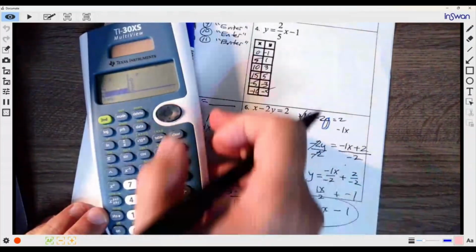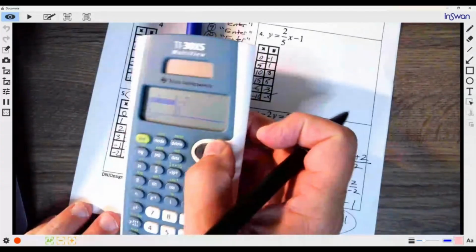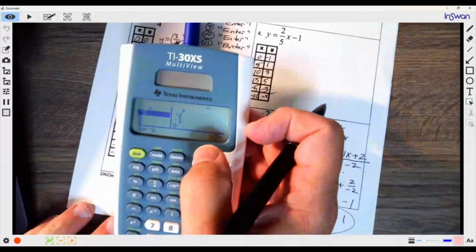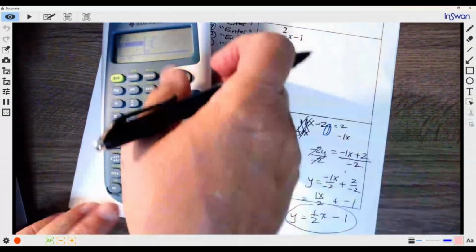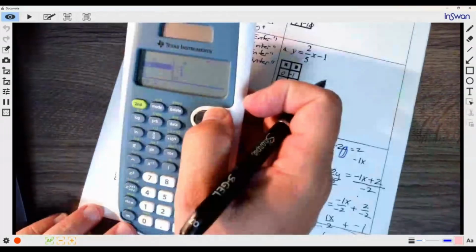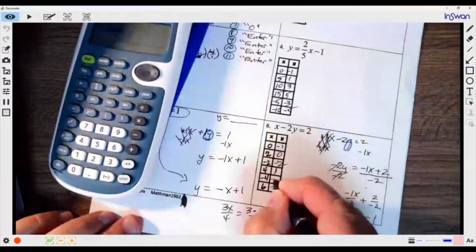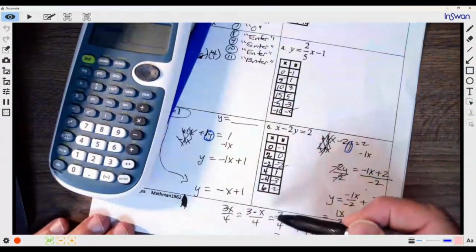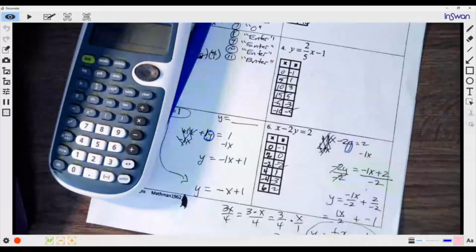And then I need to go back and get my negative values. We need -2. So at -2, y is -2, and at -4, y is -3. There's our table of values.